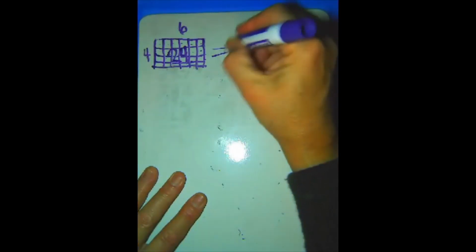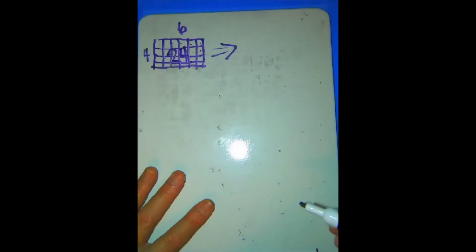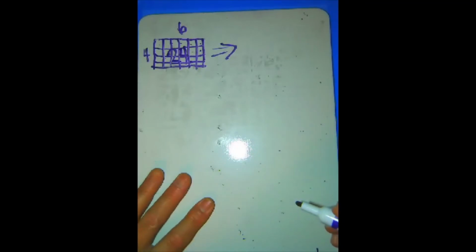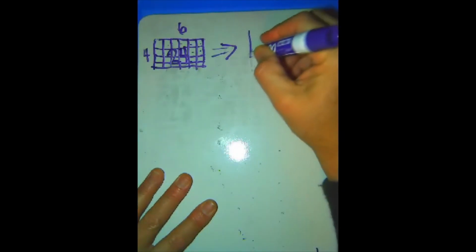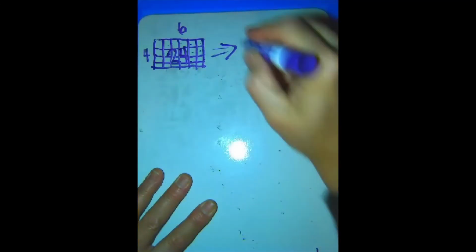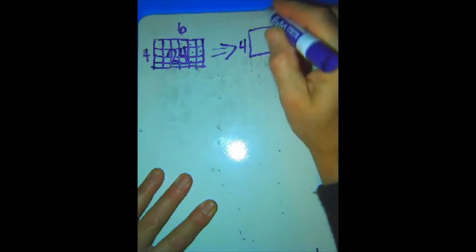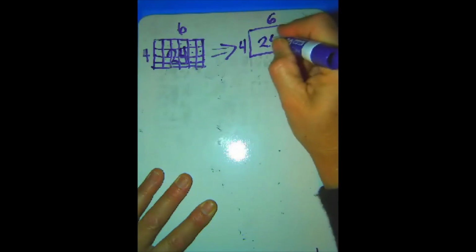So, having done that, maybe teacher gets a little bit lazy. And I'm using this in the sense that Zoltan would when he said that on occasion he would make mistakes to see if the students would catch him on it. And maybe our first step of being lazy is we still draw the full rectangle, we draw the 4 and the 6, and we just record the 24 inside.